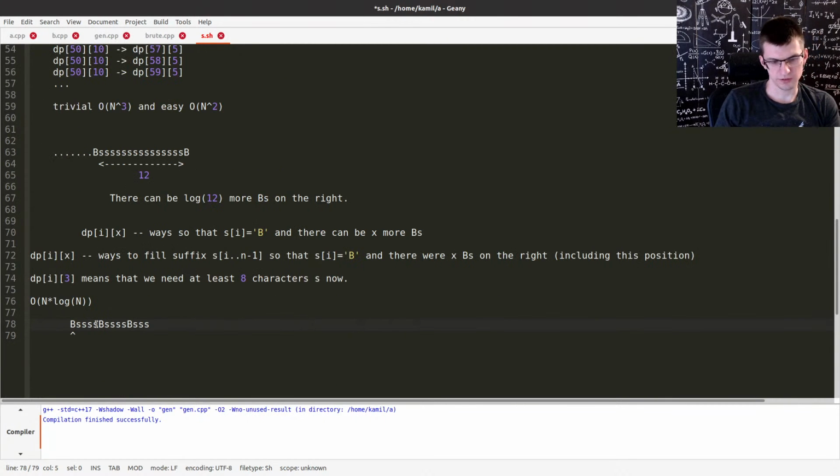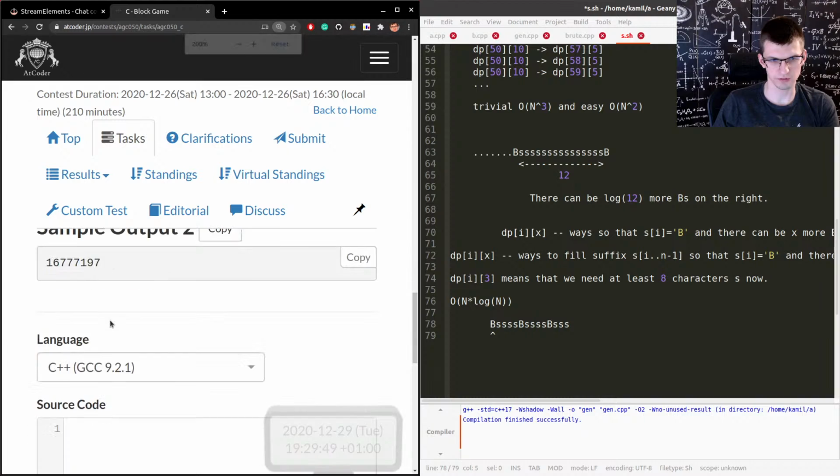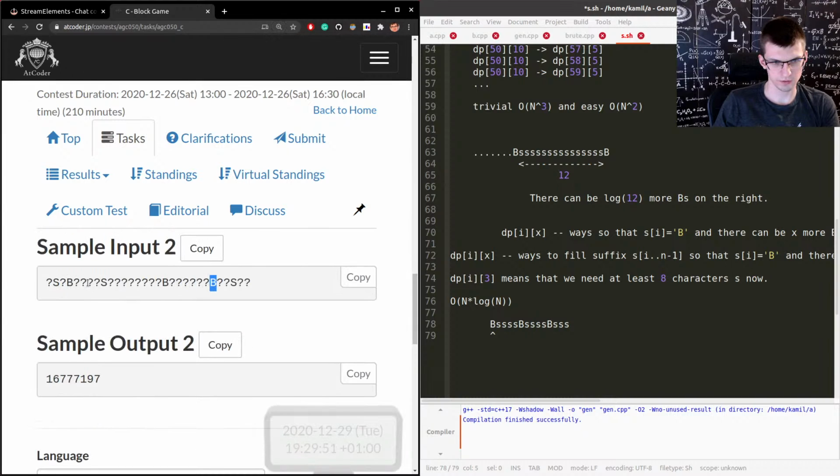But I will first do this with an n squared solution, just to get the correct answer here. Or maybe even exponential. How many question marks are there? How to easily check that? I will just count. 1, 2, 3, 4, 5, 6, 7, 8, 9, 10, 11, 12, 13, 14, 18, 20, 24.